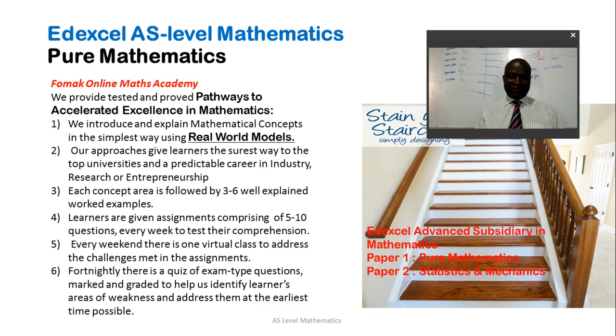We introduce and explain mathematical concepts in the simplest way possible using real-world models. By real-world models, we mean interacting with things that you see in everyday activity and relating them to the various concepts that we teach. For instance, if we are taking you through quadratics, the equations and the expressions, then we will be drawing curves, quadratic curves.